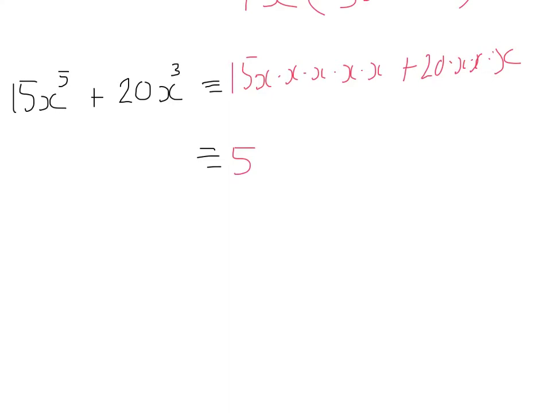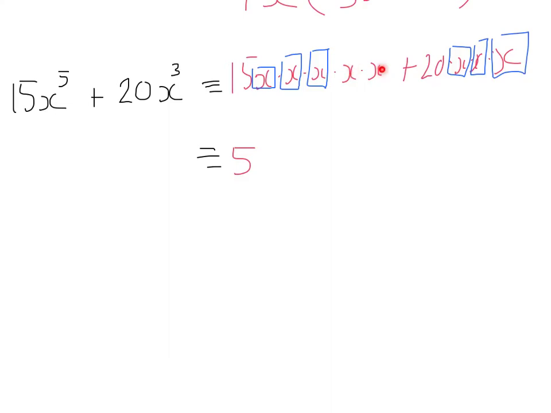Next, I'm going to look at all of the x's in this term and in this term here. I'm going to try to pair them all up. So I've got 1x there and 1x there. I've got a second x and then a second x there. A third x and a third x in the second term. But then that's it.